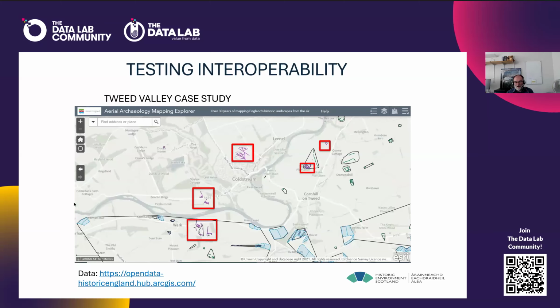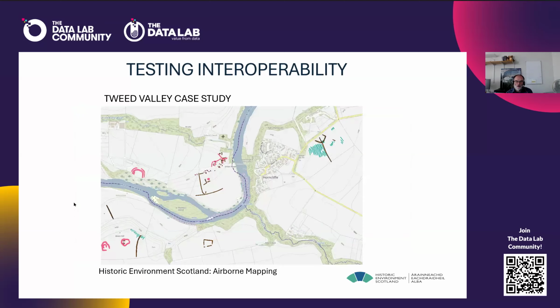And the areas highlighted in the rectangular boxes, not very colour vision friendly red, are archaeological sites that we've mapped and transcribed from our own mapping program. I was able to drop that into their browser, but I'm also able to take their data and combine the two data sets into ArcGIS.